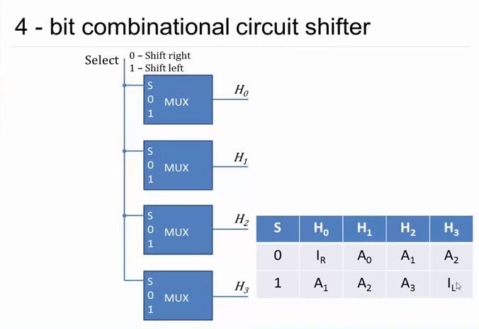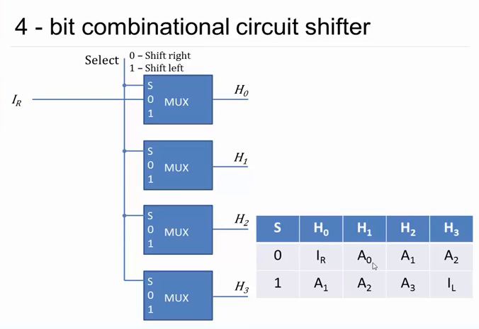But if you want to make it a circular shift, then over here at the shift input, we need to provide the output of the shift register. Okay, so let's see one by one. We are connecting, as you can see, IR to the 0th line because we want to perform shift right. So IR is connected at the 0th line.